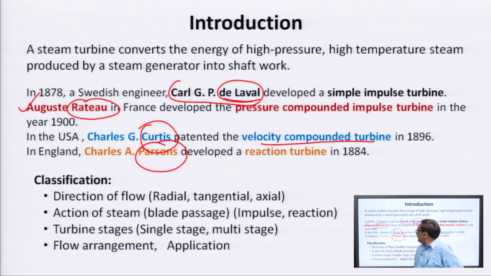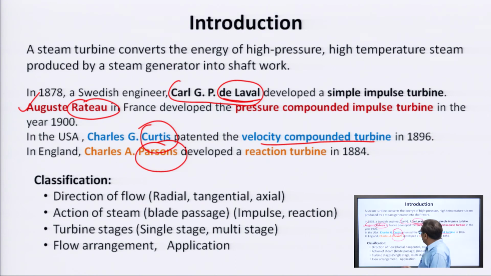Now we come to the classification of turbines. We can classify the steam turbine in many ways. One is the direction of flow: whether the steam flows radially, tangentially to the runner or blades, or axially, giving radial, tangential and axial turbines. Then the action of the steam, that is the principle of working, gives impulse or reaction turbines.